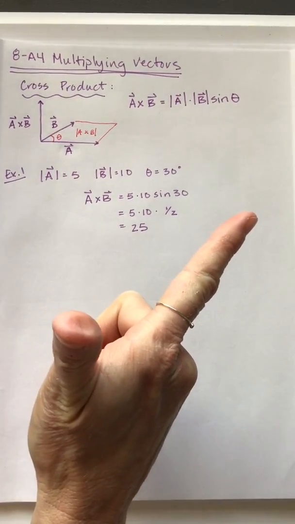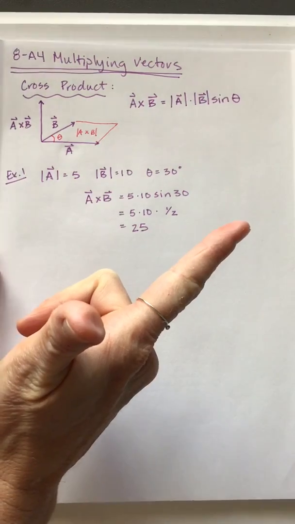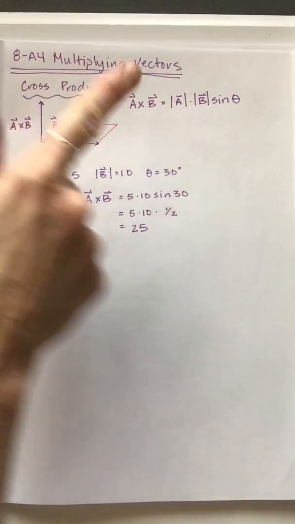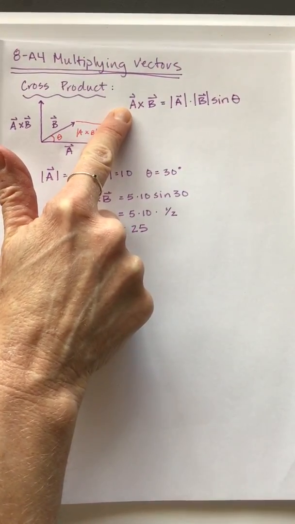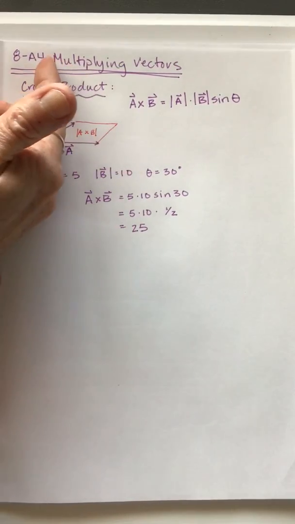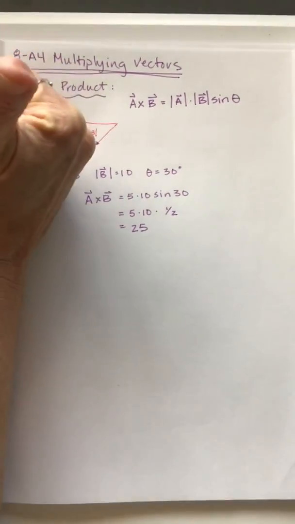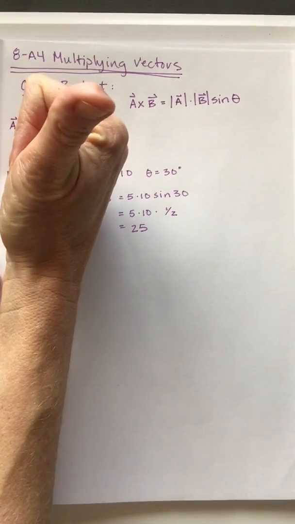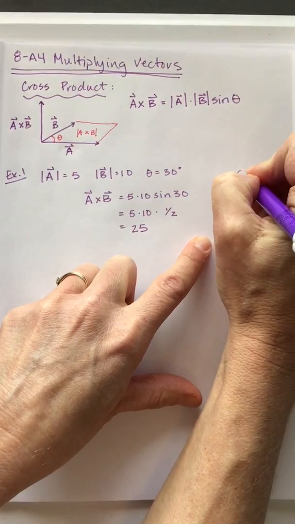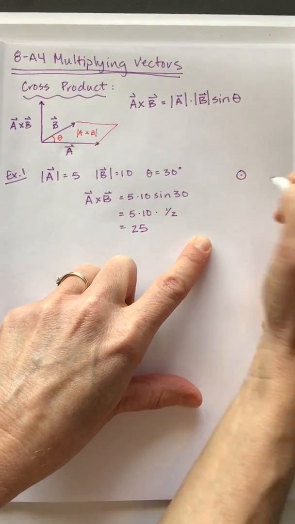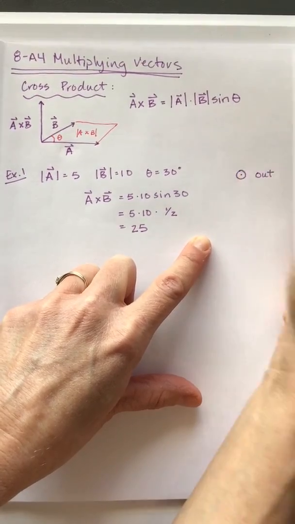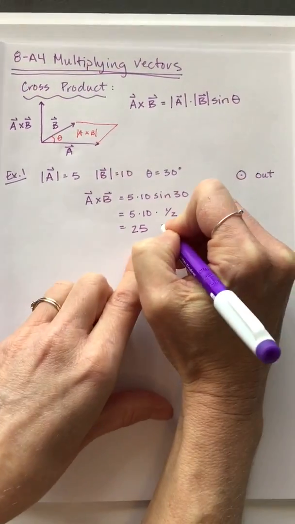And then you line up your index finger along A, the first vector that you're crossing, and you curl your hand towards B, and then your thumb is coming out of the paper. So we write that as something that's supposed to look like an arrow point coming out of the paper. So this would be out of the paper.